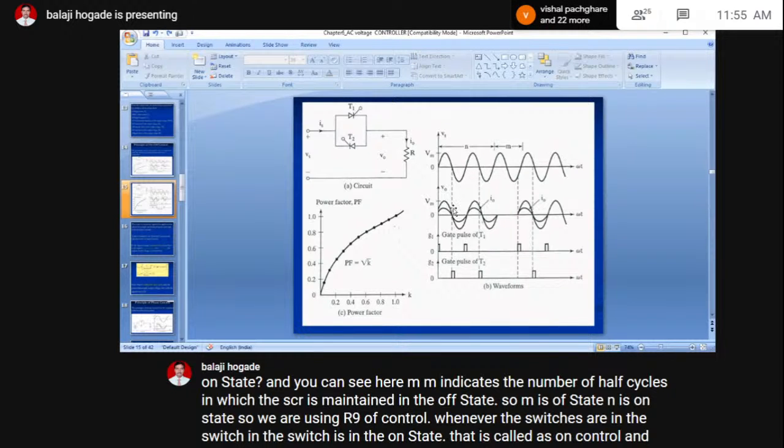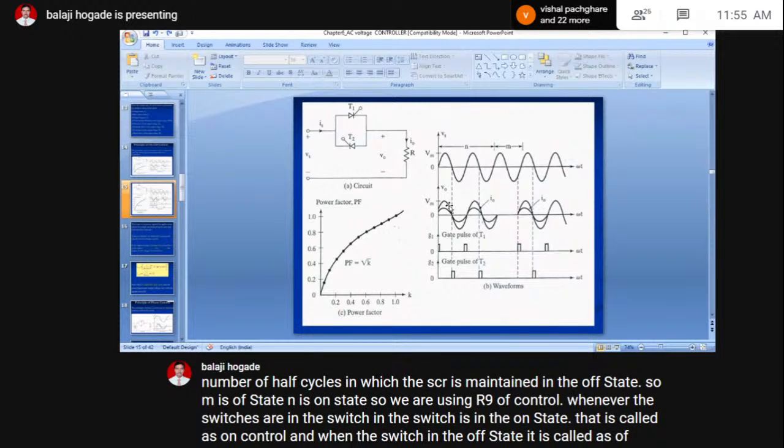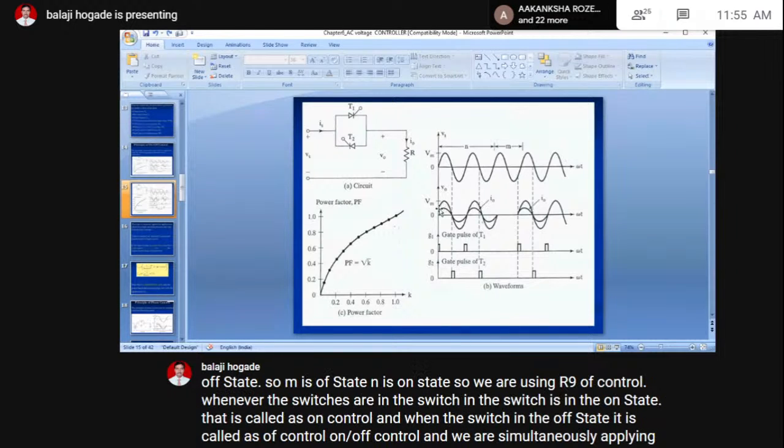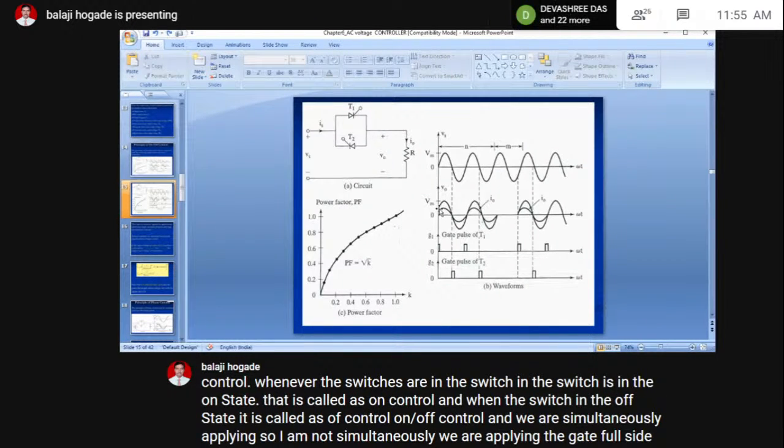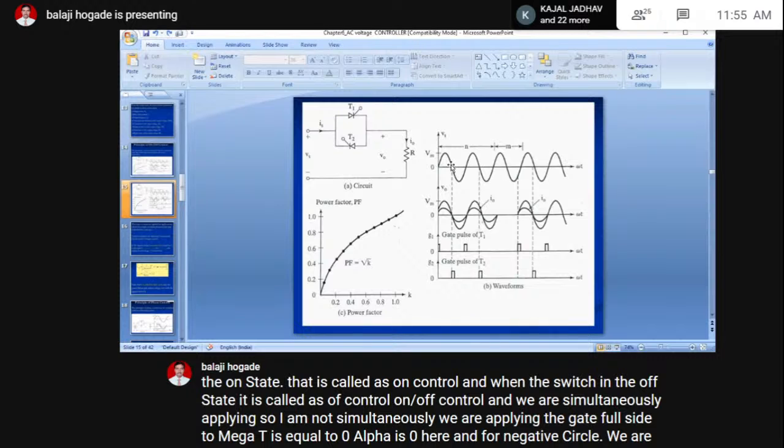And we are applying the gate pulse at omega t is equal to 0. Alpha is 0 here, and for negative half cycle we are applying the gate pulse to the SCR2 at omega t is equal to pi.